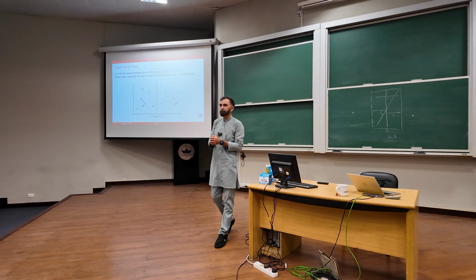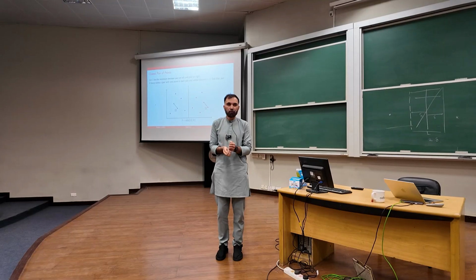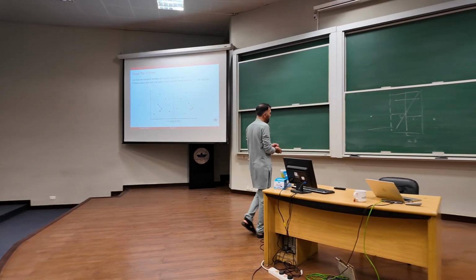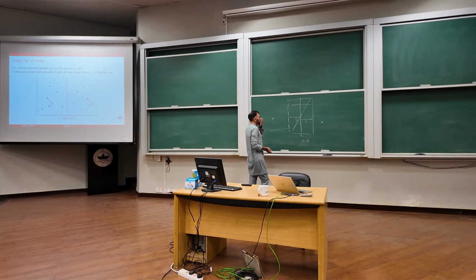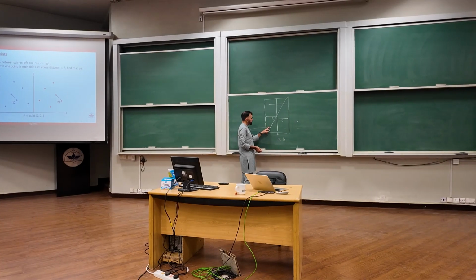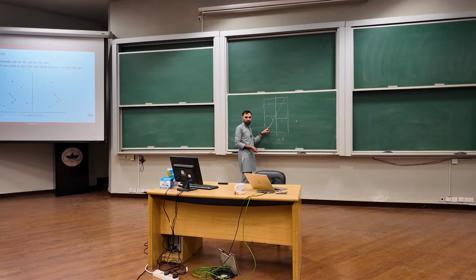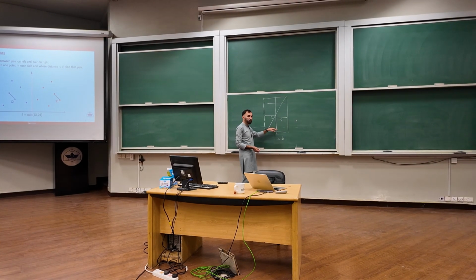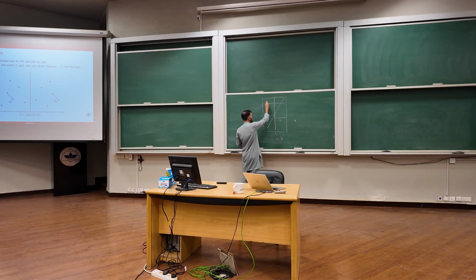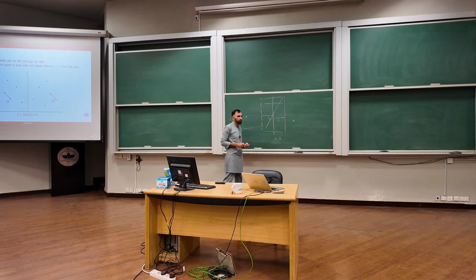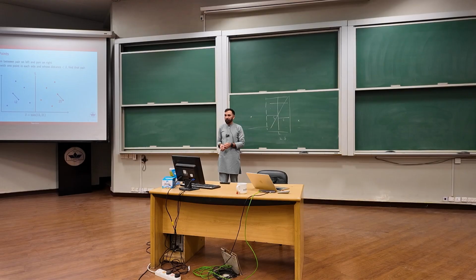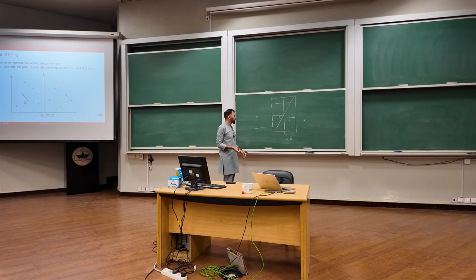All right? So far, so good. The second observation is that you can still have a lot of points within this strip. It's possible that all of your points lie in this strip. Okay? So we still have a problem.